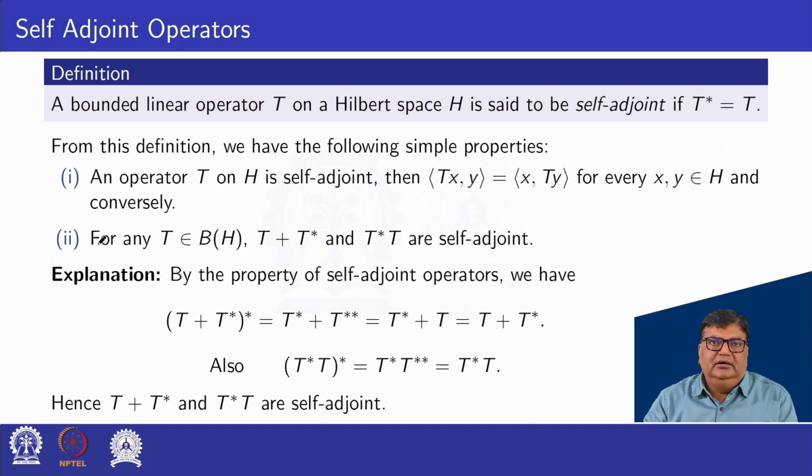Second, for any T belonging to B(H), that is, T is the set of all bounded linear transformations on H, then T plus T star and T star T are self-adjoint. Explanation. By the property of self-adjoint operators, we have star of T plus T star.